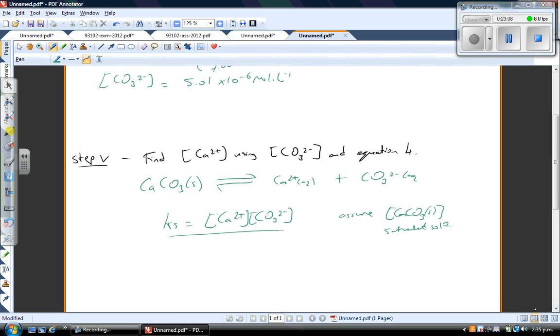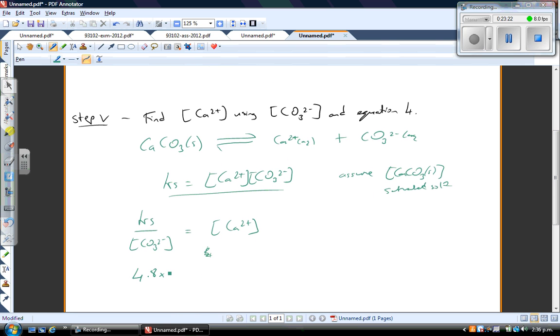And then simply all you have to do is the Ks over the concentration of your carbonate ions will equal the concentration of your calcium at the pH of 8.1. The Ks is 4.8 by 10 to the minus 9. That was given to you in the question, and we just worked out the concentration of our carbonate ions as 5.01 by 10 to the minus 6 moles per liter. So it gives you a final answer of 9.58 by 10 to the minus 4 moles per liter, and that's at a pH in the ocean of 8.1.